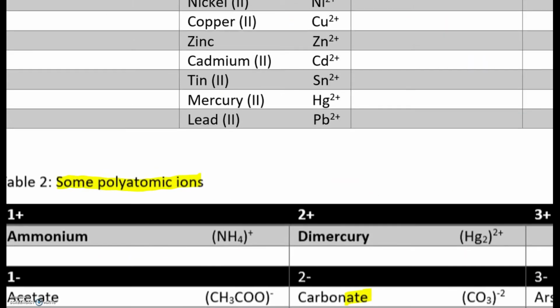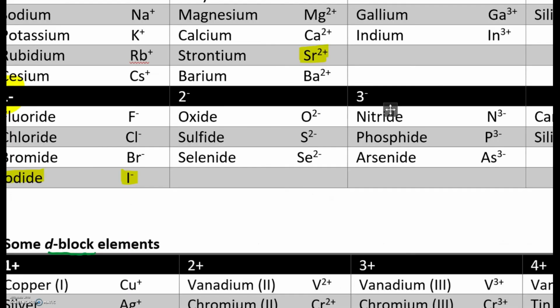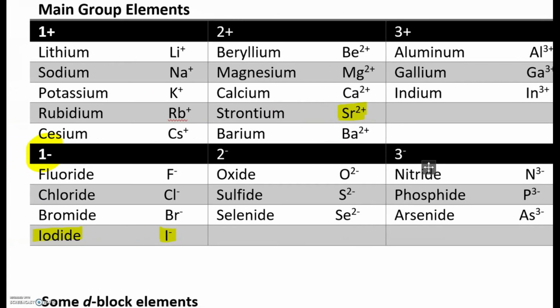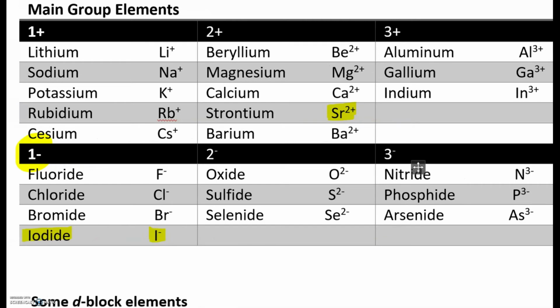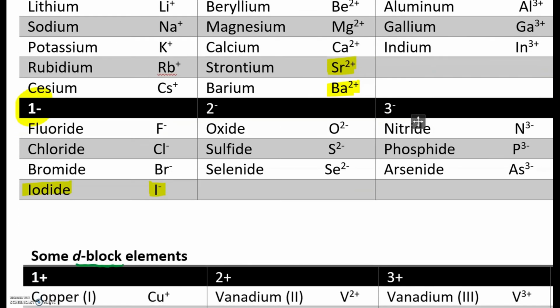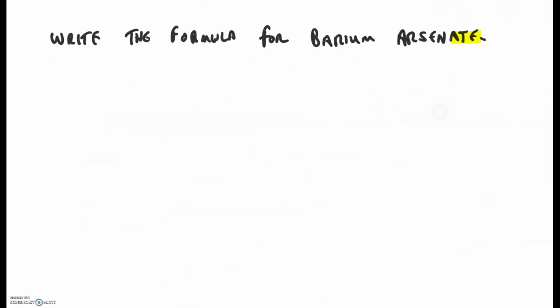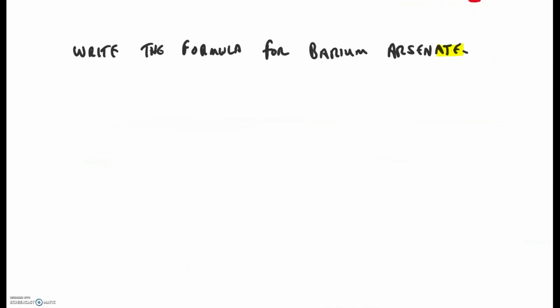Let's check out barium first. Barium's right here, right in the middle of group 2. That means barium has a charge of 2+, so we'll label this with a charge of 2+, so we don't forget this is barium with a charge of 2+.